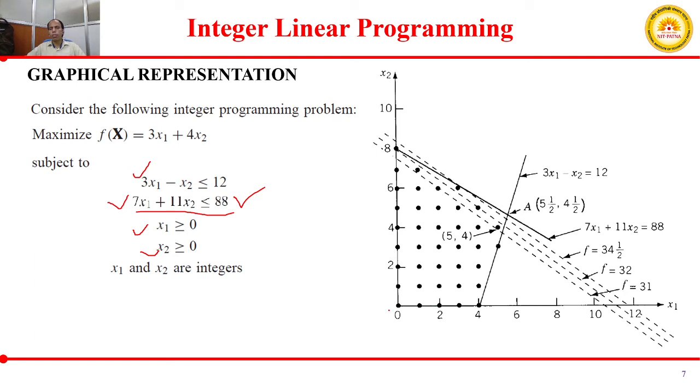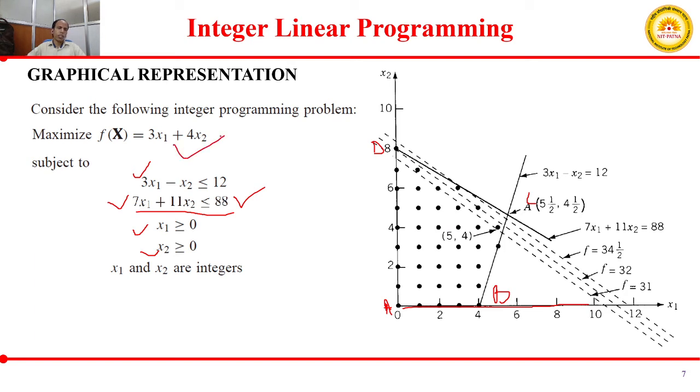So we can easily find out the feasible region. The feasible region is A, B, C, D and A. Okay, so this is your feasible region. And what is our objective function?